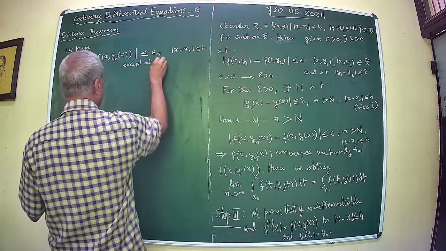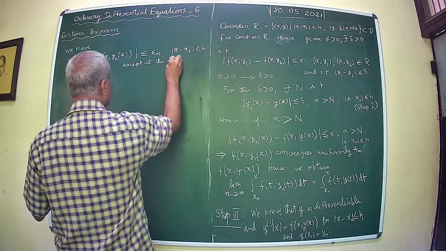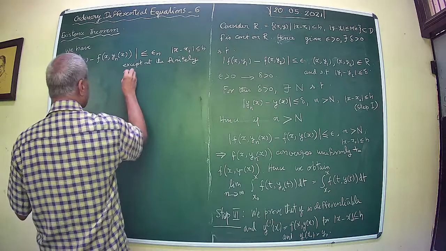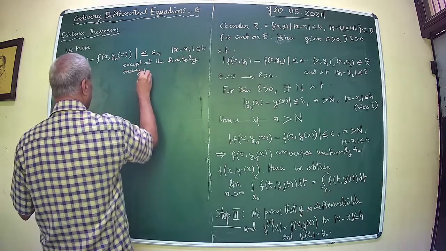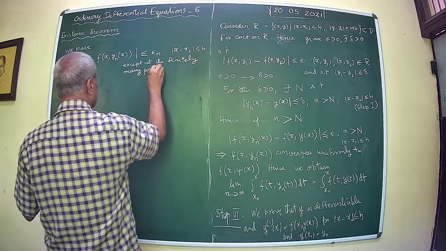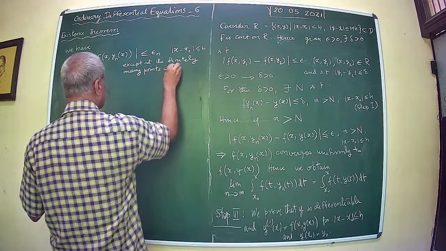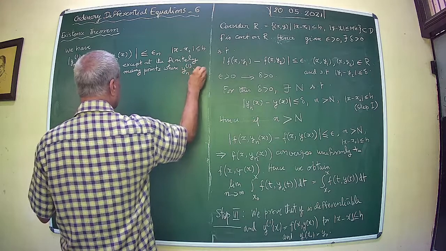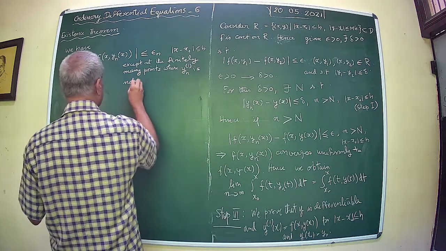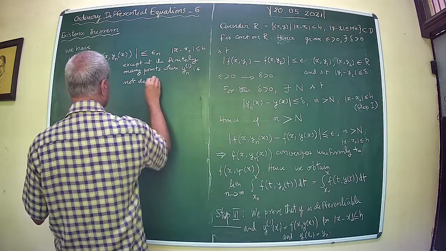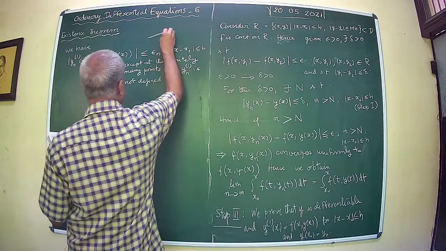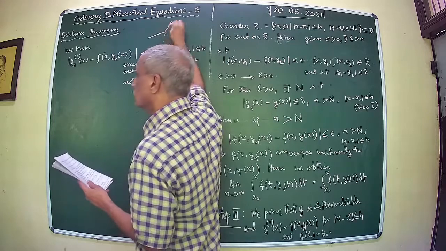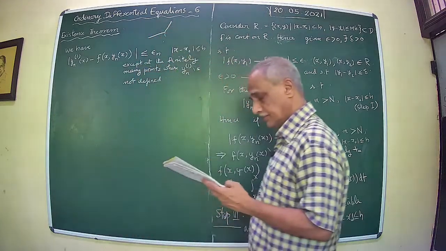At the finitely many points where yn derivative is not defined because of this kind of approximation. So you see there are points here where this derivative is not defined.